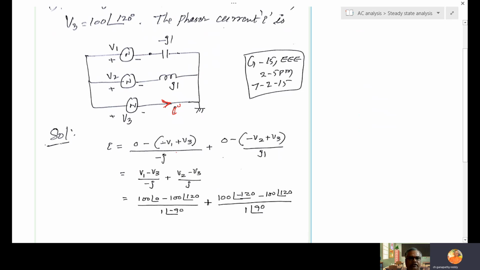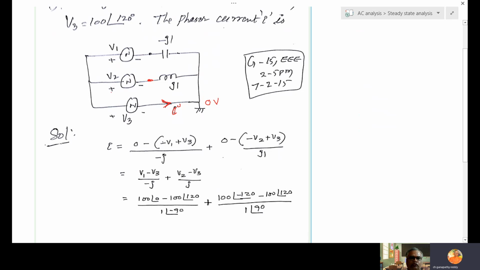Some of the currents, you can write nodal here. This voltage is 0 anyway. And what is the voltage here?